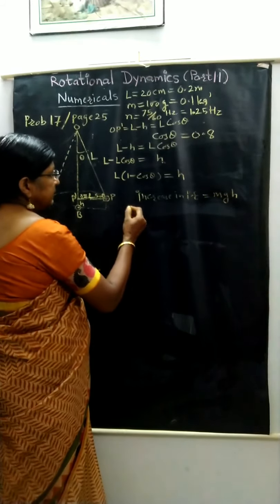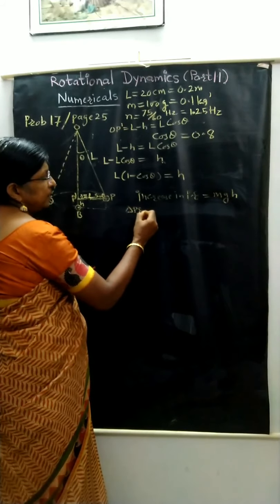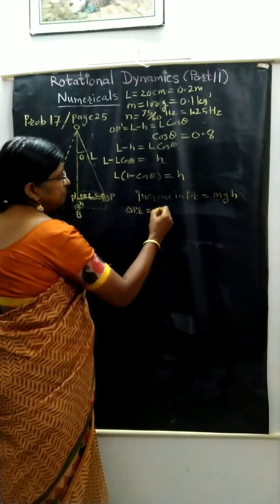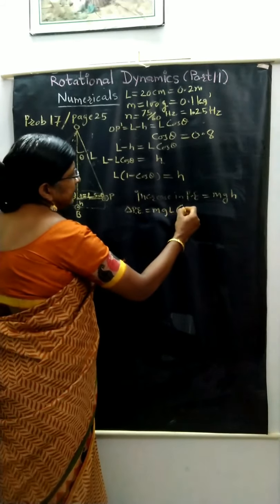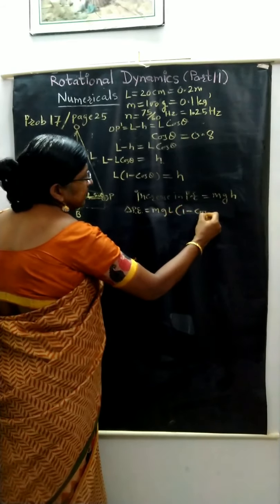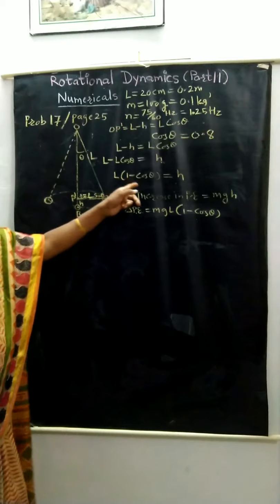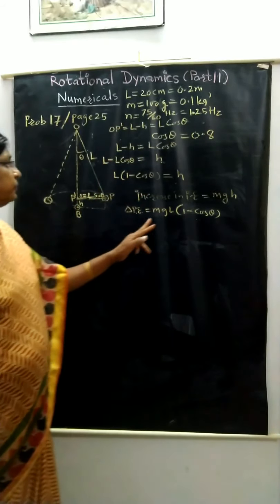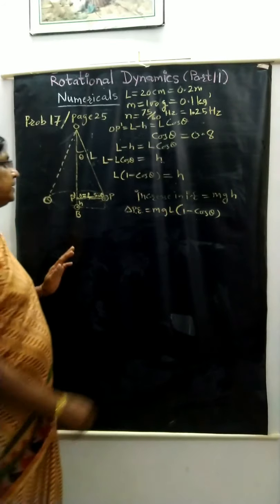Now this increase in potential energy delta P is equal to mg into h, and h is L into (1 minus cos theta). So we have substituted the value of h here.